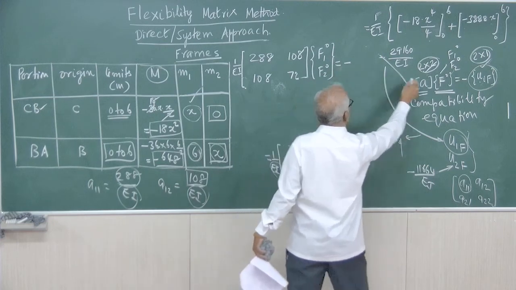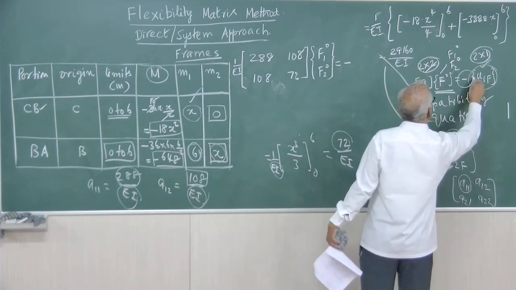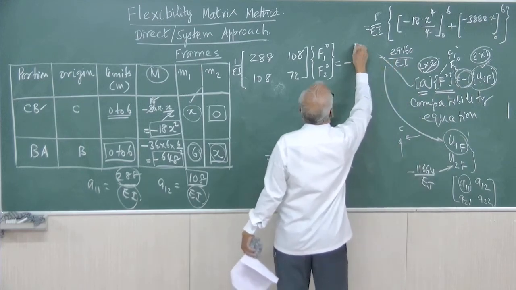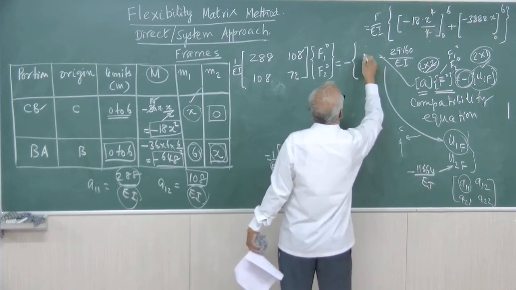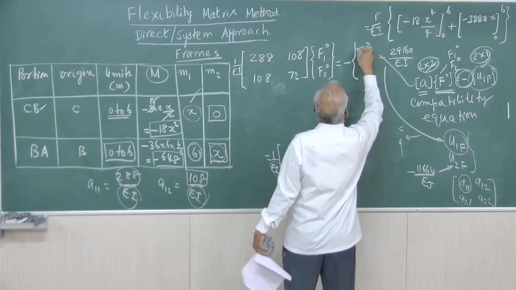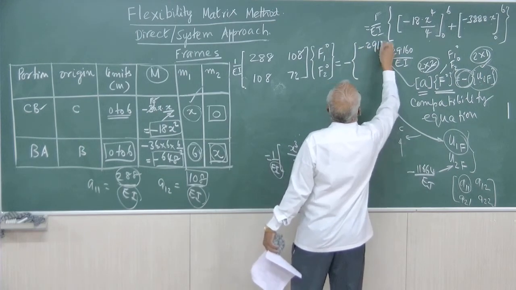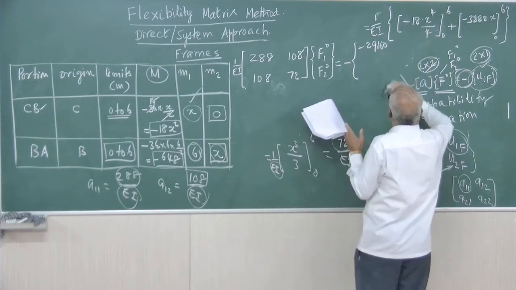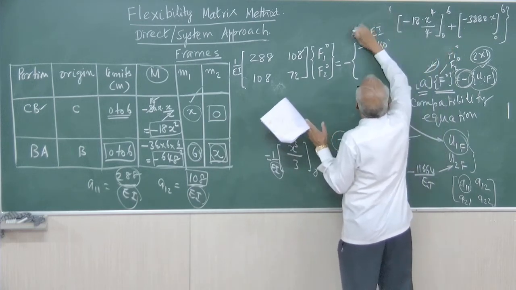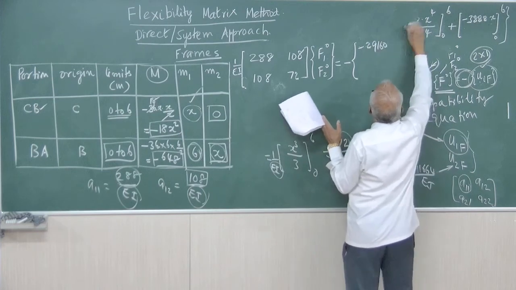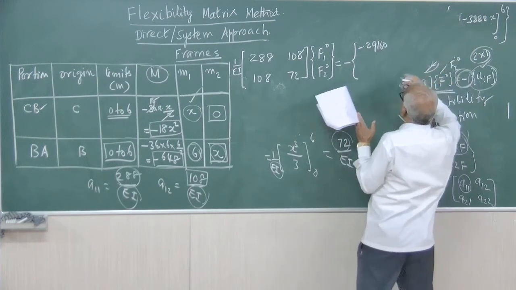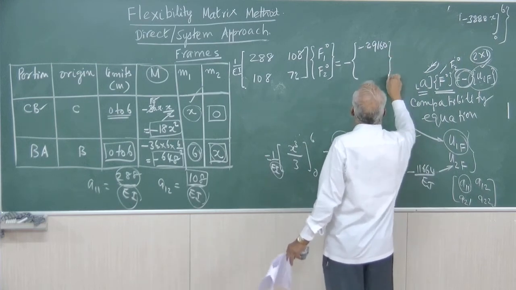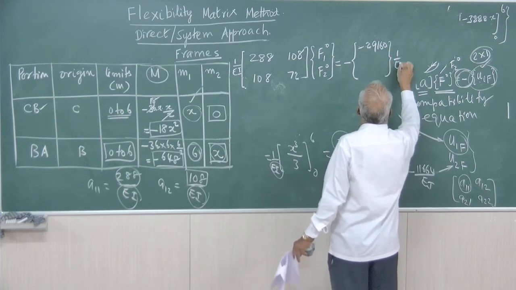minus half minus 29160, minus, and here also we can take EI outside. 1 by EI.